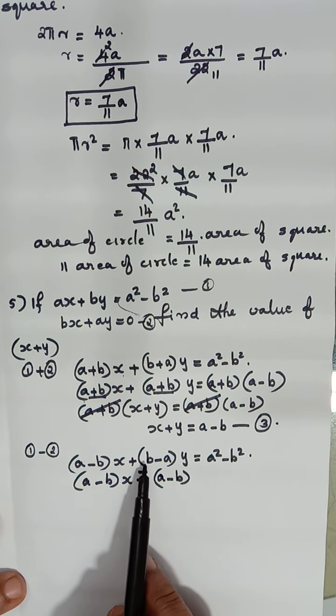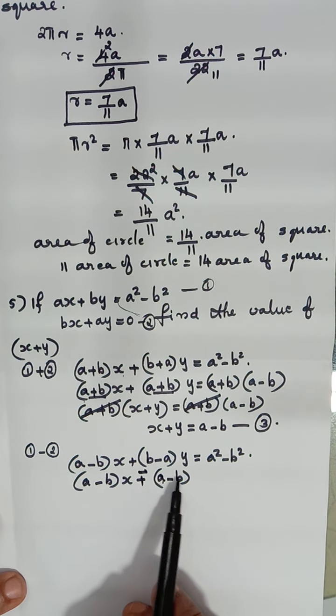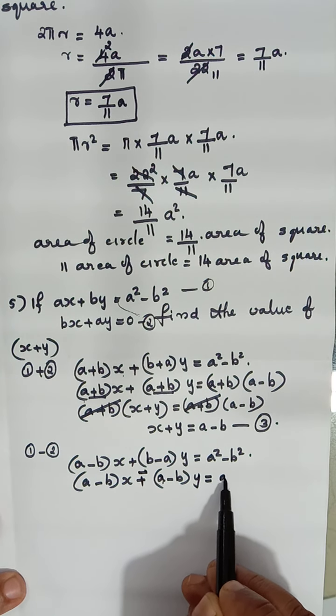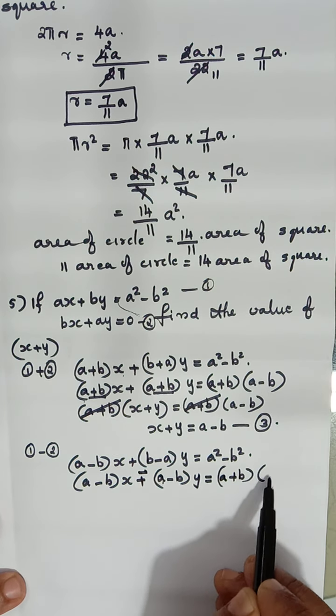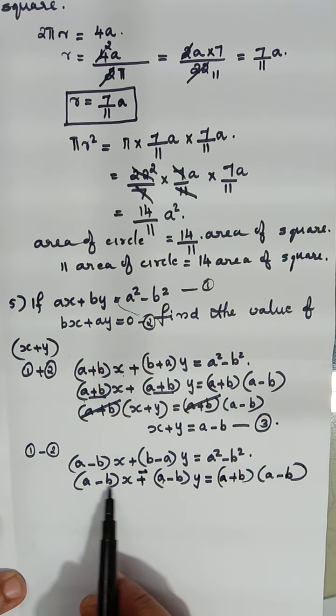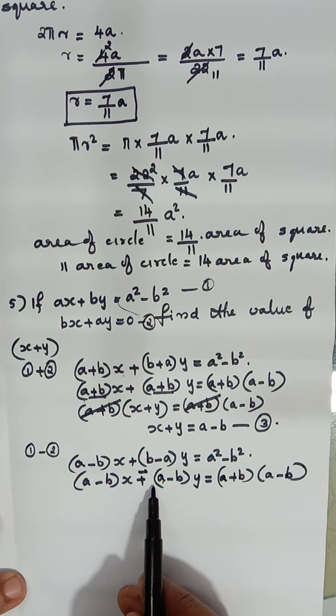It is the same: positive b and negative a. Y equal to (a plus b) into (a minus b). Now we have a minus b common at the left side with the negative sign in between.